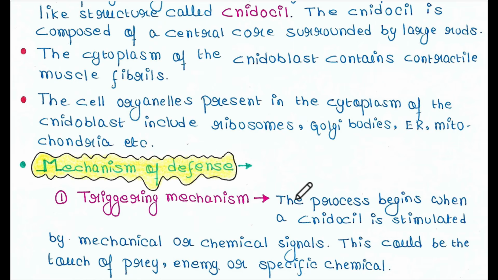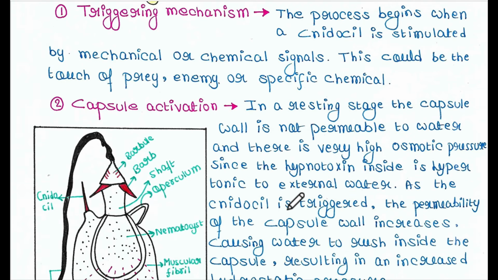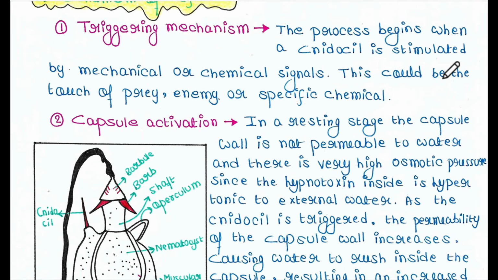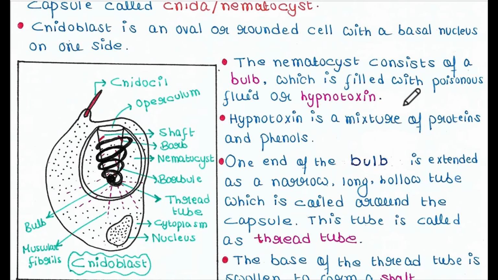So first is the triggering mechanism. The process begins when a cnidocil is stimulated by mechanical or chemical signals. This could be the touch of prey, an enemy, or a specific chemical. So what is the cnidocil? In this structure, this is the whole cnidoblast cell, and here is the cnidocil structure.